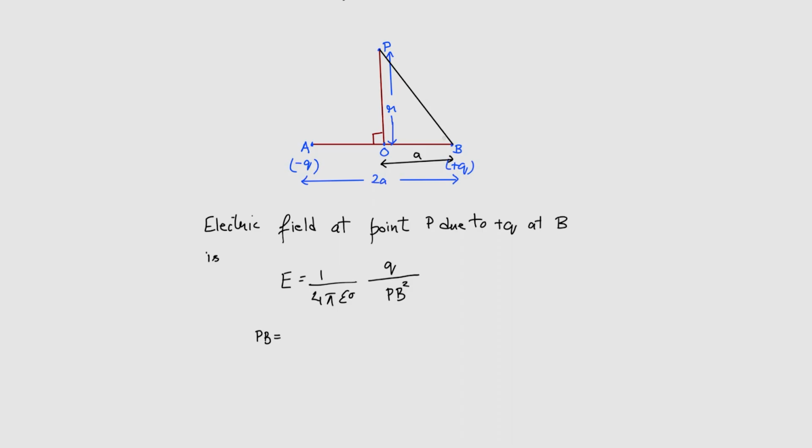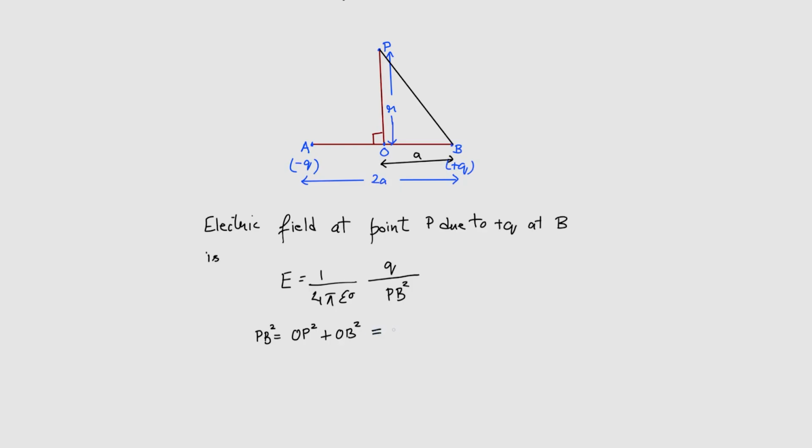Therefore we find the distance PB using the Pythagoras theorem. According to the Pythagoras formula, the hypotenuse square is equal to perpendicular square plus base square. So PB square is equal to OP square plus OB square.